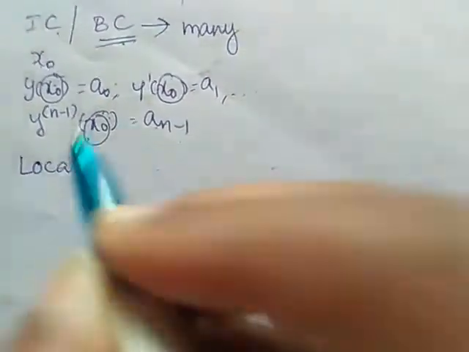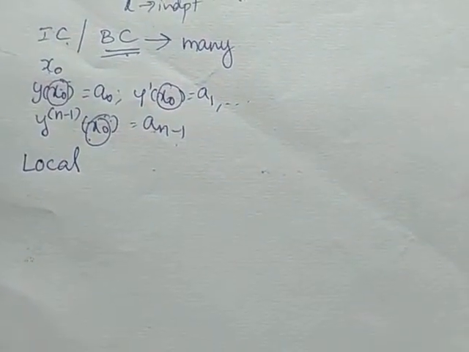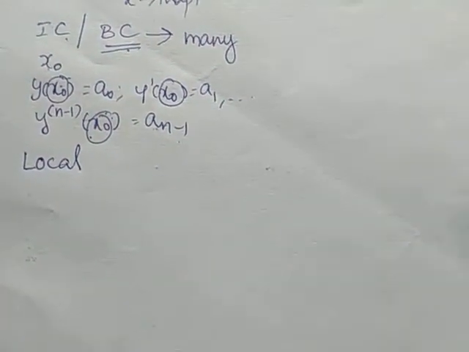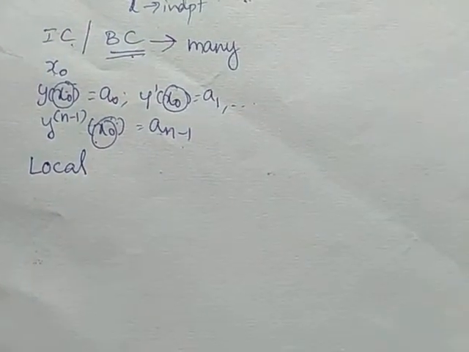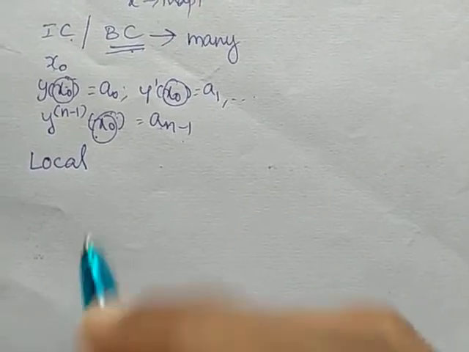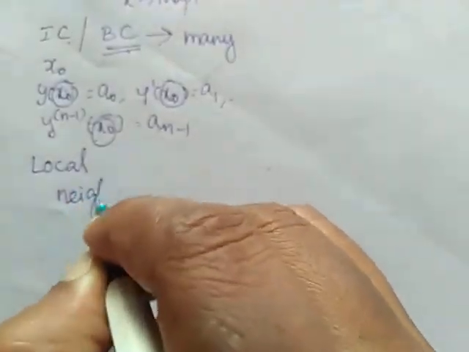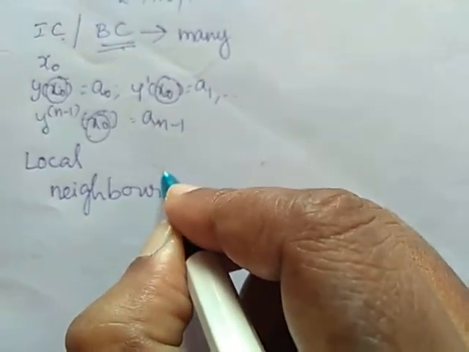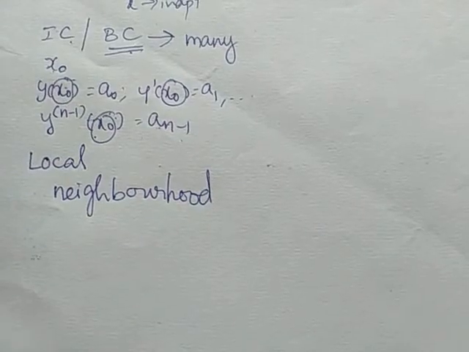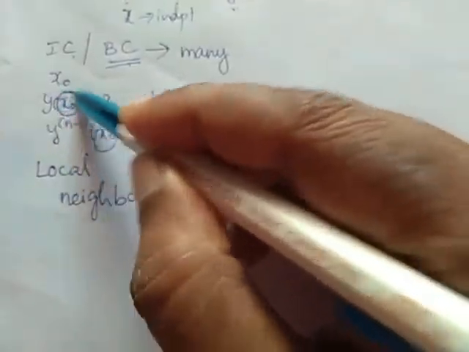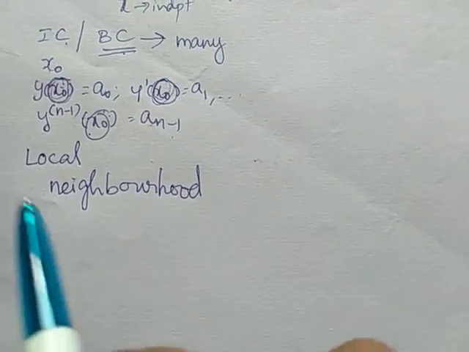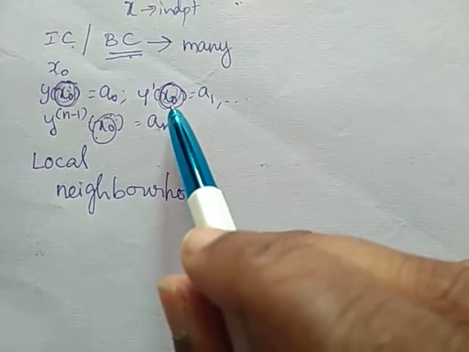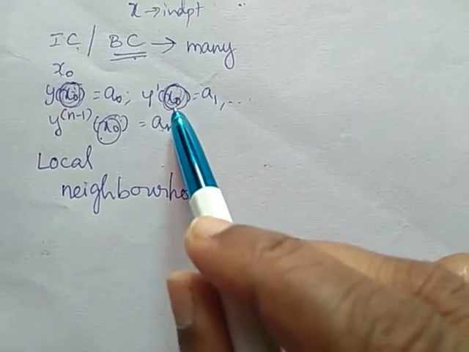One is local analysis. In local analysis, we have the solution and we are analyzing the solution in the neighborhood of the points in which the results are valid. See, if it is defined at x0, in local analysis we are investigating the solution in the neighborhood of x0.